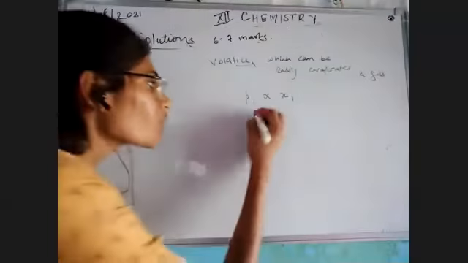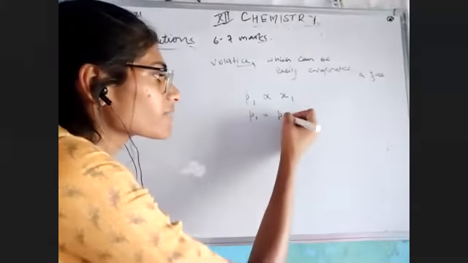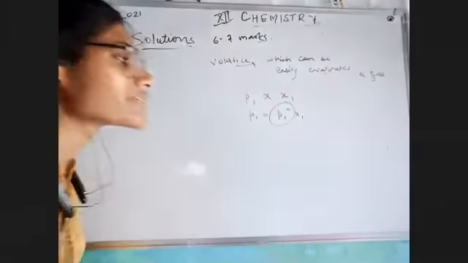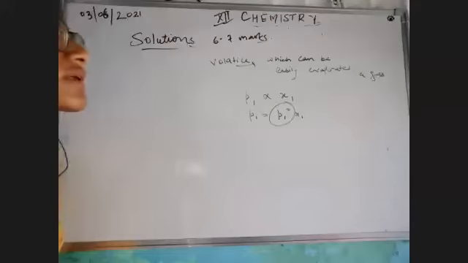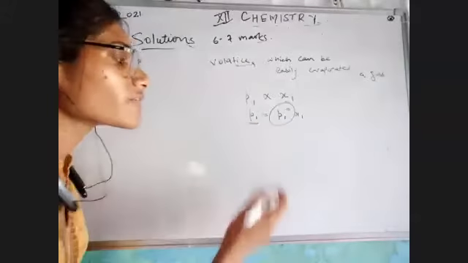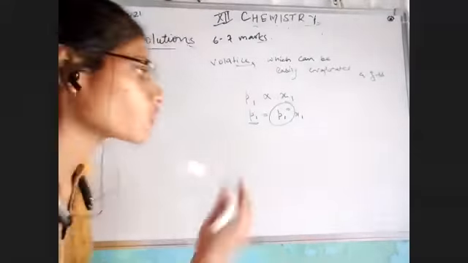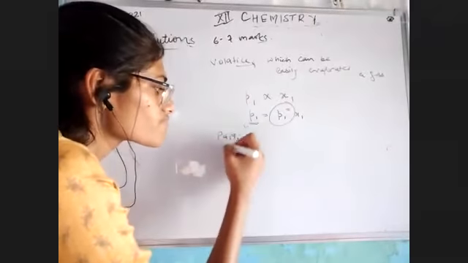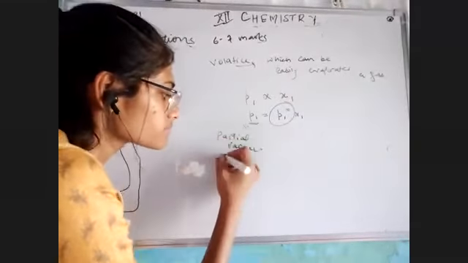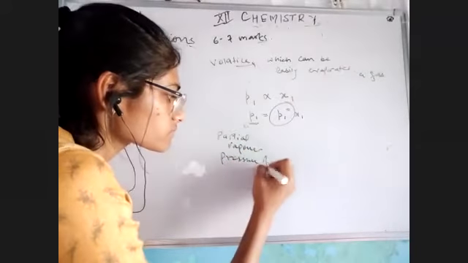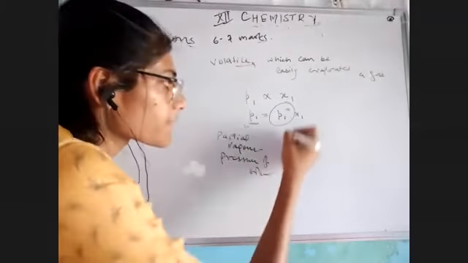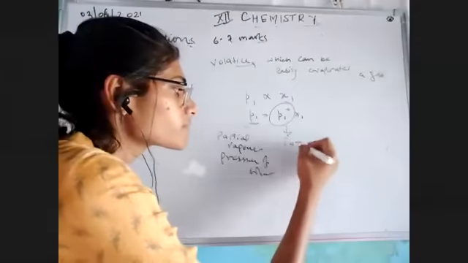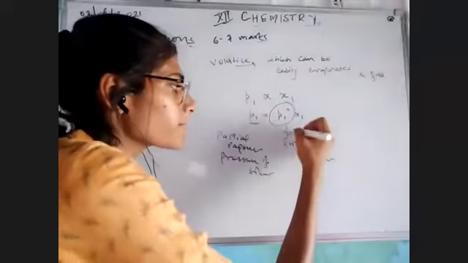Now, when we remove the proportionality constant, we get P1 equals P1 naught X1, where P1 naught is the partial vapor pressure of the pure solvent, and P1 is the partial vapor pressure of the solvent in which solute and solvent have been dissolved.